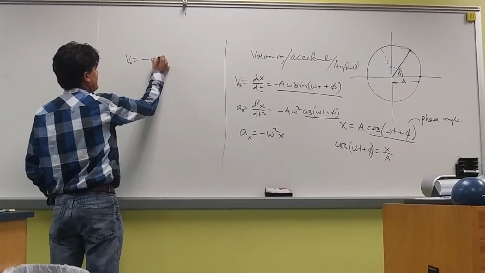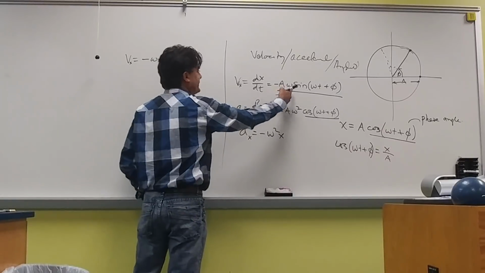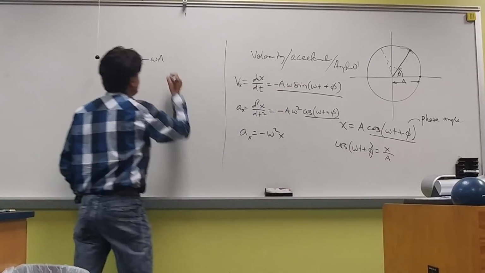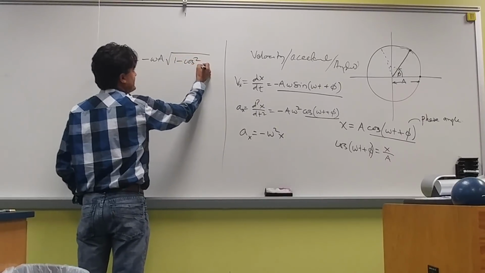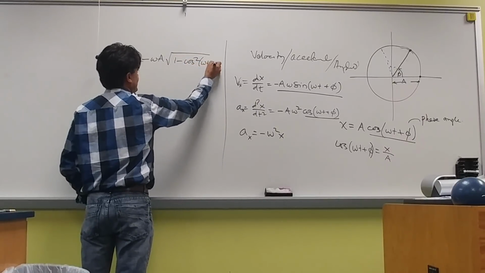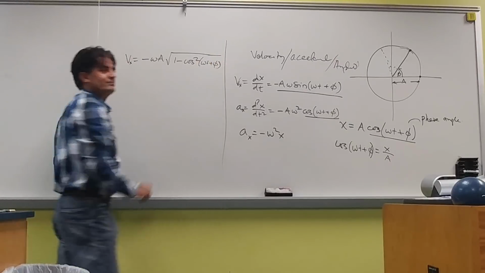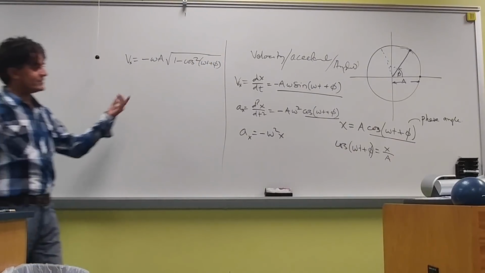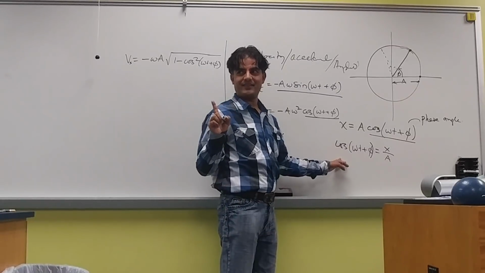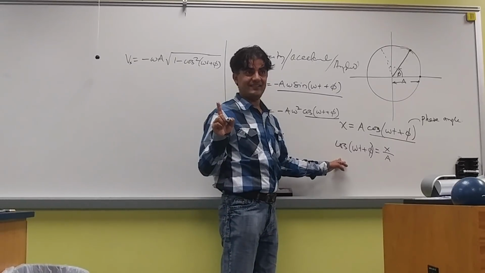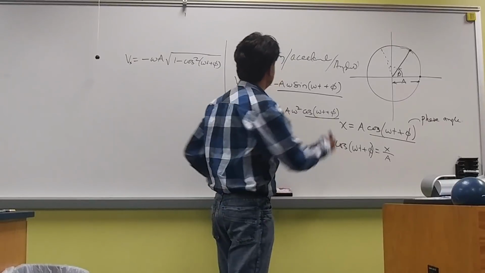Now a omega sine of omega t plus phi will be what? Square root of 1 minus cosine square omega t plus phi. Is that right? Because sine square theta plus cosine square theta will be 1. Do you know this expression?